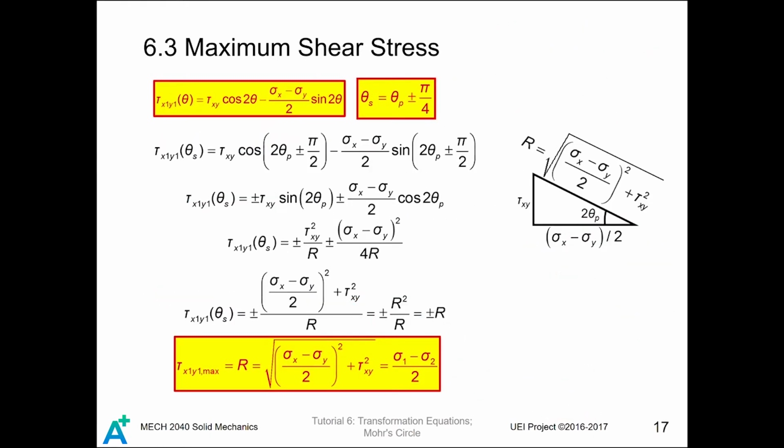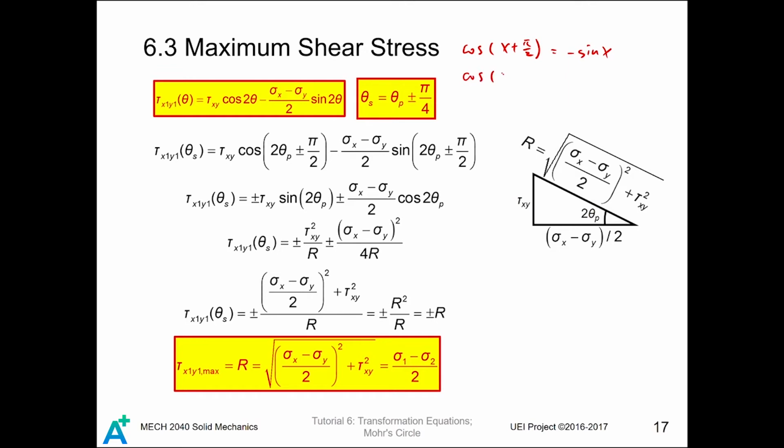After we get the relationship between theta s and theta p, then we can find the maximum shear stress. Still, this is theta p, okay? All things are very similar, except we add pi over 2 after the 2 theta p term, such that we can find the maximum shear stress. Still, remember that cosine (x plus pi over 2) equals minus sine x.